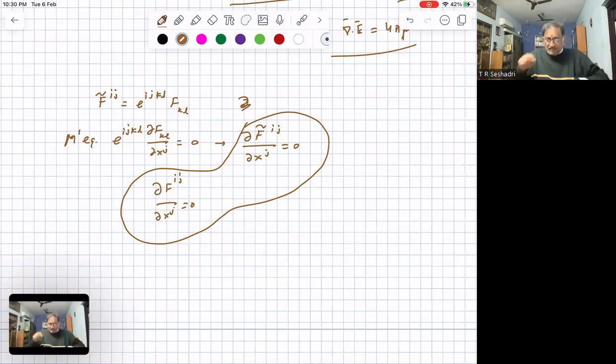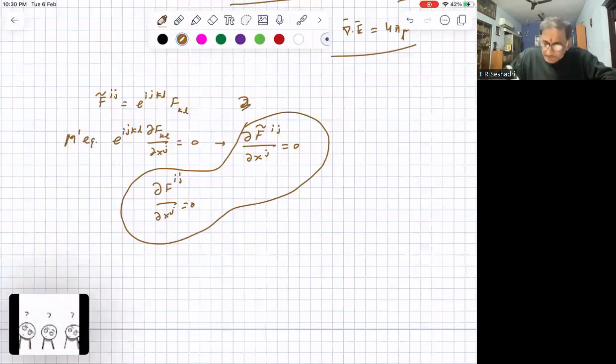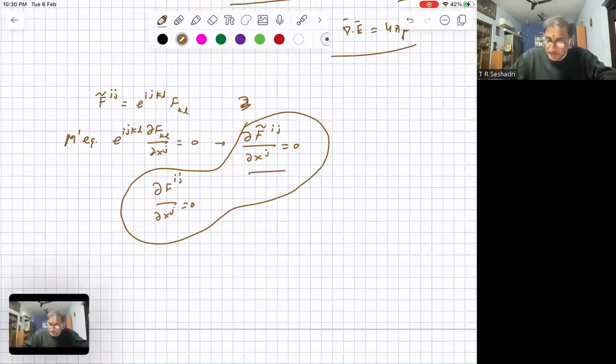Now, this is all in special relativity. What I will come to afterwards in relativity is, as I already told you, the partial derivative of a tensor is not a tensor. You remember? There is an extra bit floating. It means that these are not tensors. So I have to define something called the covariant derivative.